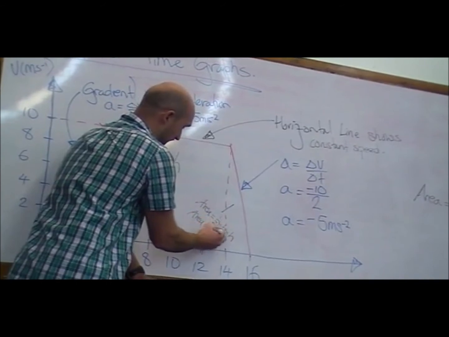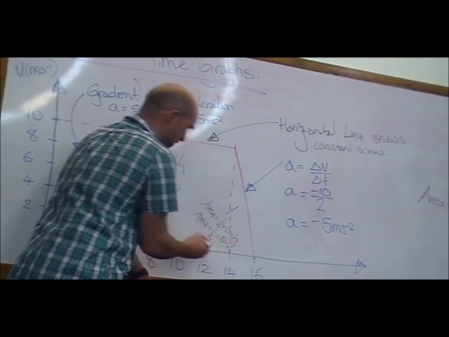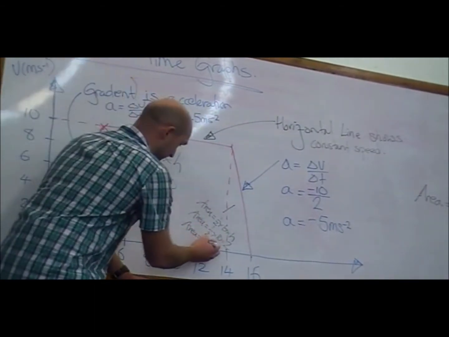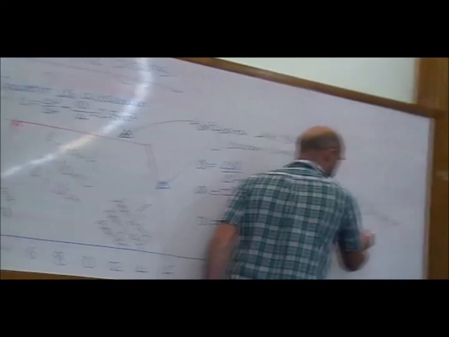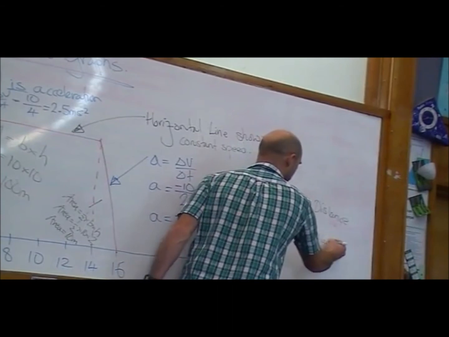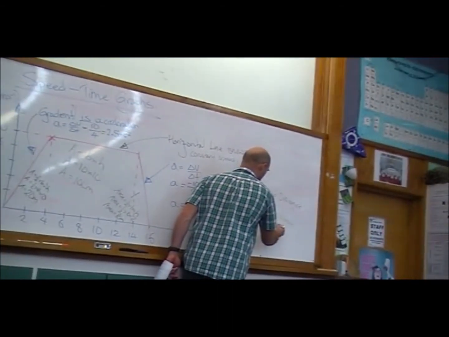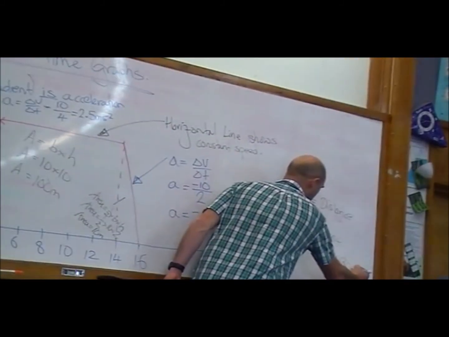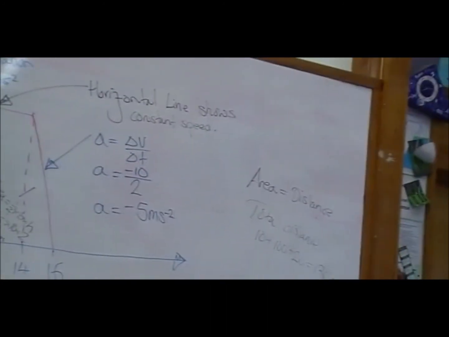Area is half times 10 times 2. How much is that? 10. Is 10 metres. So total distance, how far is our total distance? 10 plus 100 plus 20 is 130 metres travelled.